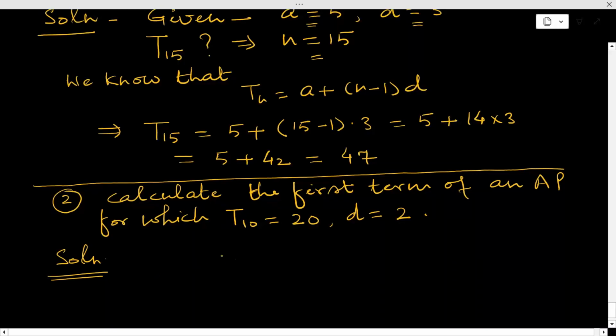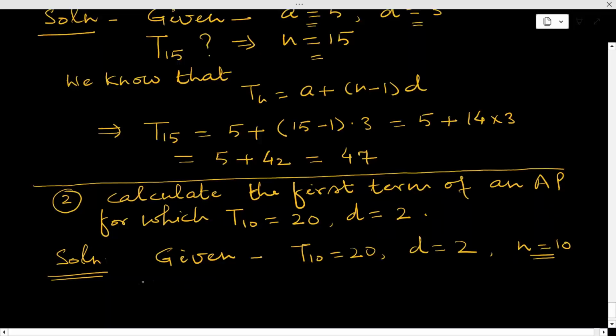Again, first of all, we note down the given information. We have T10, which is 20, and the common difference, which is 2. If you look at this suffix, this means you have the value of n as 10.